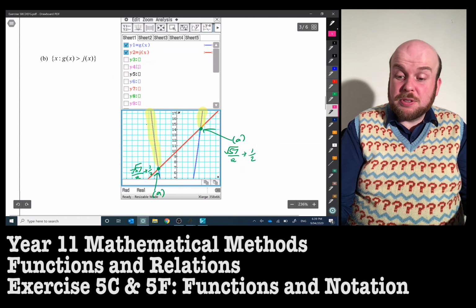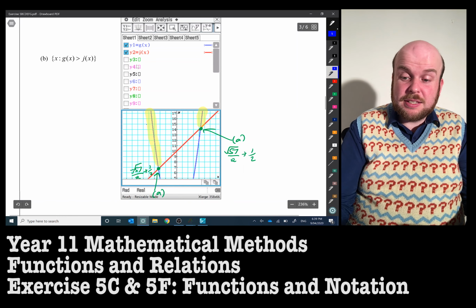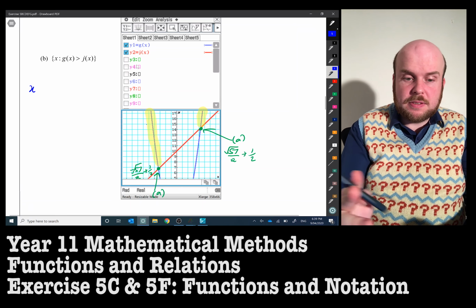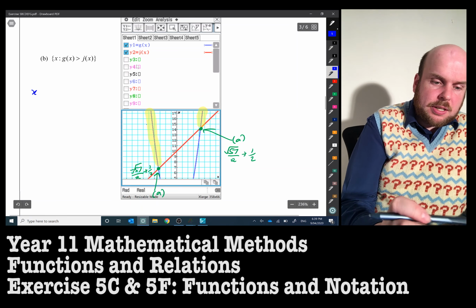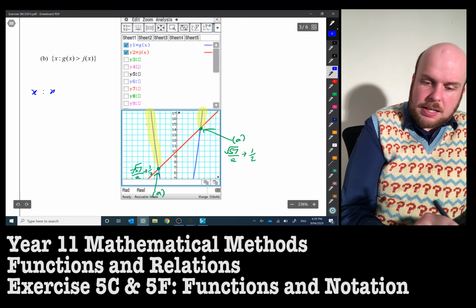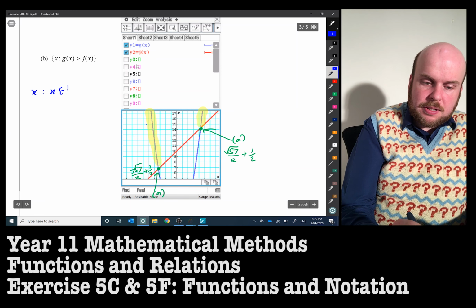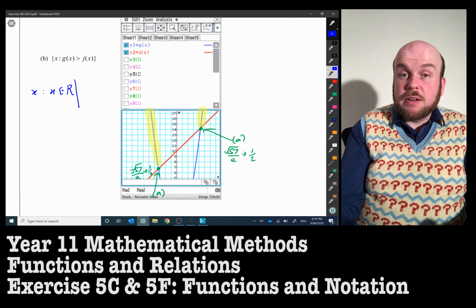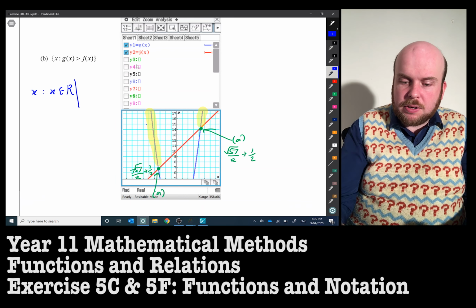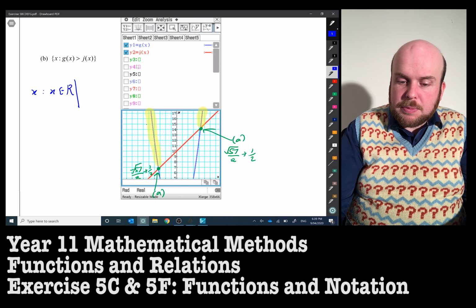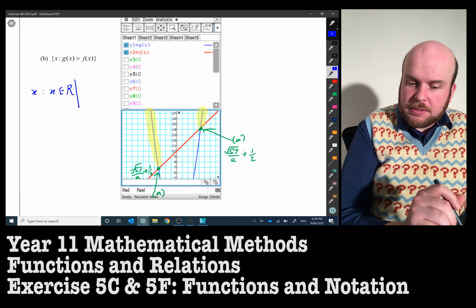So in other words, all I need to do here is just to say, well, x, now I could write this in interval form. So x is an element of all real numbers except, now I can write this in several ways. I'm going to write it in a few ways just so you know how you can write it. It's an element of all real numbers except this interval.